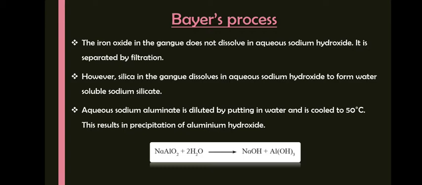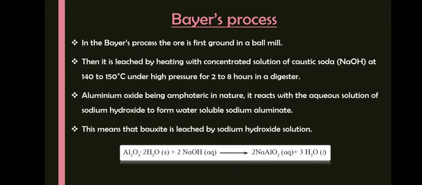Aqueous sodium aluminate is diluted by putting in water and is cooled to 50 degrees Celsius. You can see the reaction, and this will result in the precipitation of aluminium hydroxide. Can you see in the reaction? In the previous reaction sodium aluminate was formed, correct?